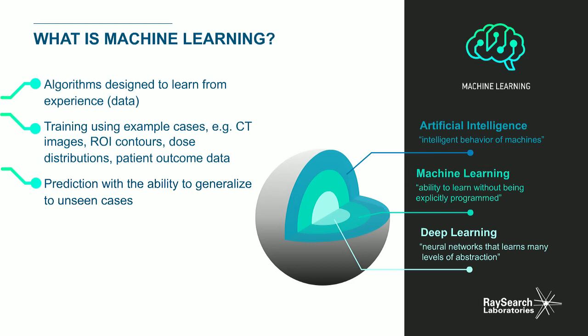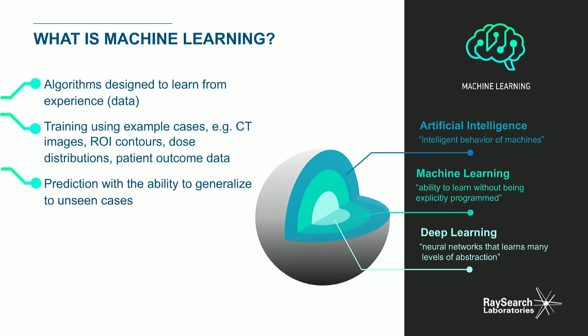The important thing to remember about machine learning is that the algorithms are designed to learn from experience or data, and they are trained on data. For oncology, that can be CT images, RT contours, dose distributions, outcome data. And once you have a trained machine learning model, you can apply it to predict.